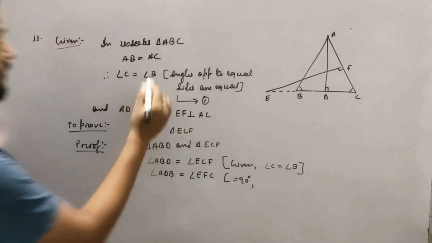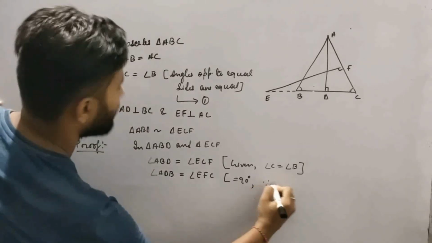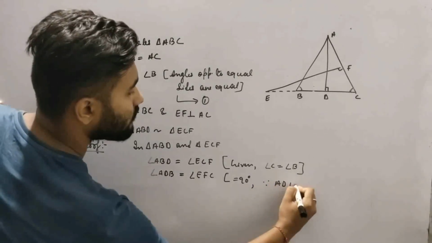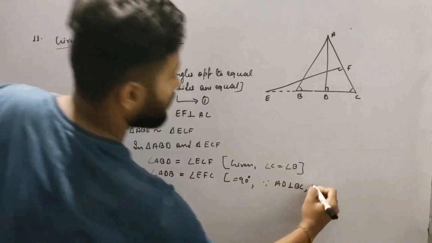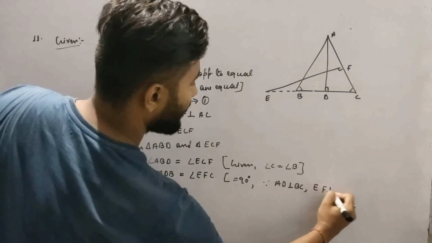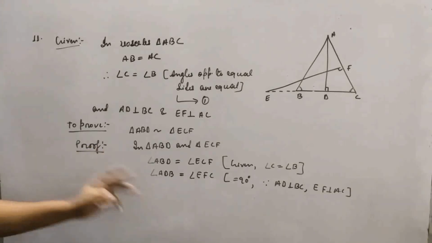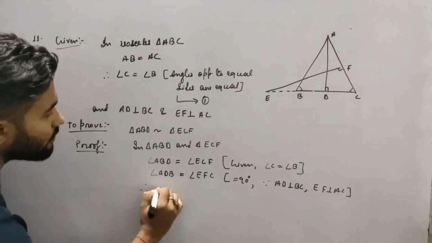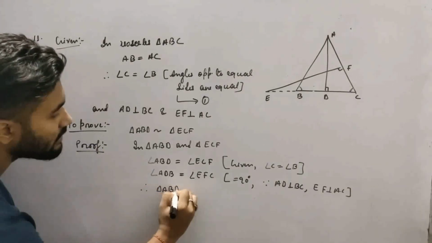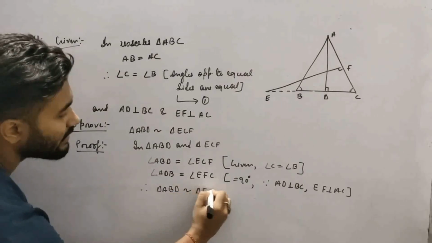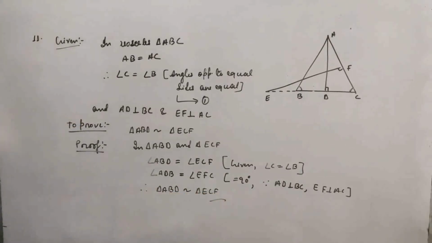You can write, if you want, since AD is perpendicular to BC. If you don't write it, then also it is okay. Simply equal to 90 degrees is also sufficient. So two angles we have got. Therefore triangle ABD is similar to triangle ECF.